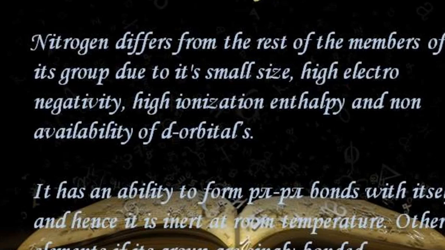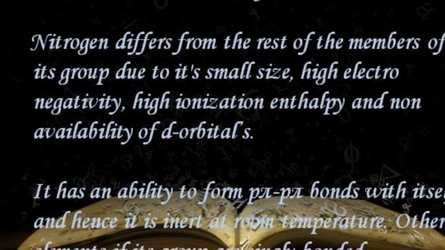There is some anomalous behavior of nitrogen. Nitrogen is the first element of the group. In the nitrogen family, the first element is nitrogen. In the 15th group, nitrogen is present as the first element.